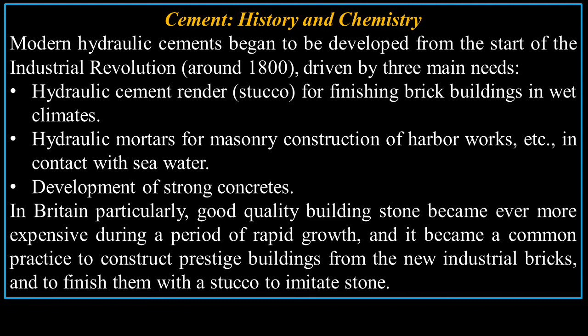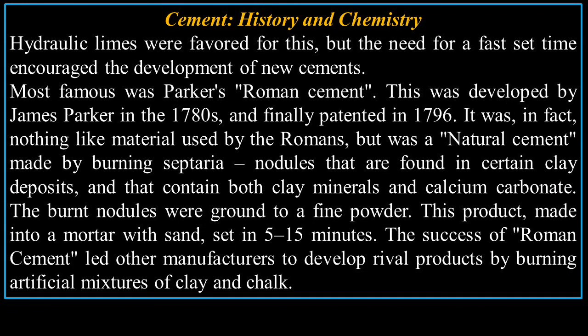In Britain particularly, good quality building stone became ever more expensive during the period of rapid growth, and it became a common practice to construct prestige buildings from the new industrial bricks and to finish them with stucco to imitate stone. Hydraulic limes were favored for this, but the need for a fast set time encouraged the development of new cements.